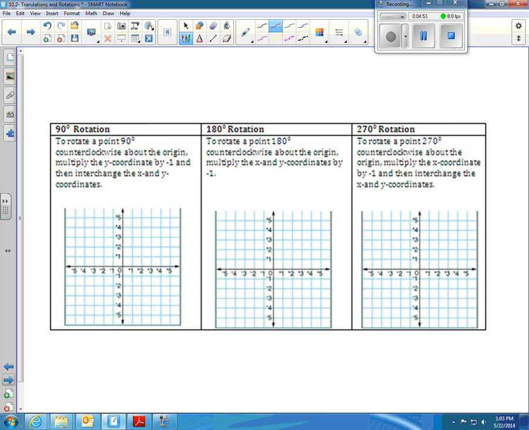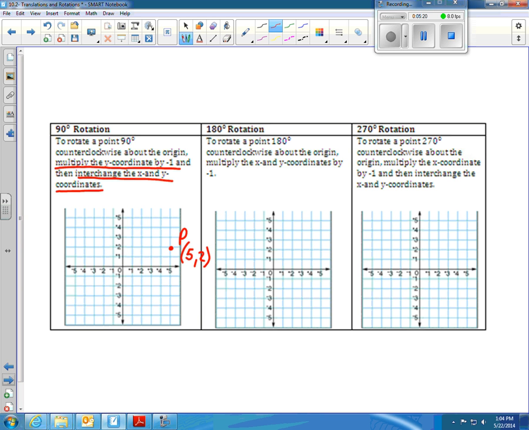So our 90 says to rotate a point 90 degrees counterclockwise about the origin, multiply the y coordinate by -1, and then interchange the x and y coordinates. So let's start with a point P at 5, 2. We're going to multiply the y coordinate by -1. So our current y coordinate is 2, and we're going to make that a -2.